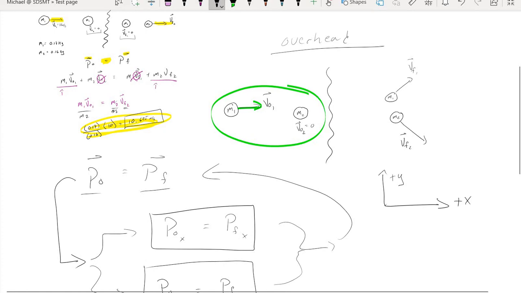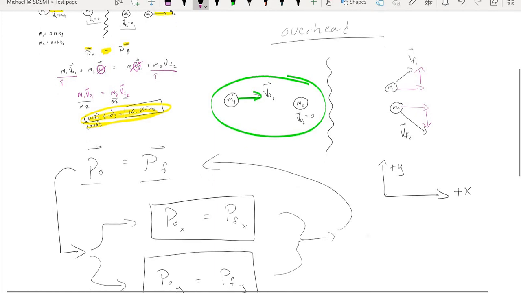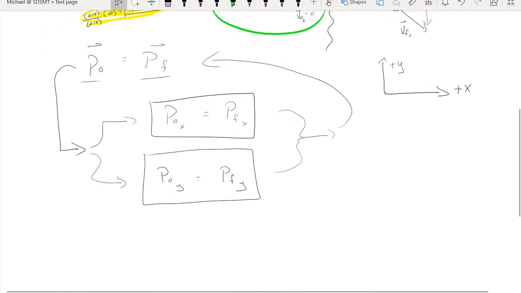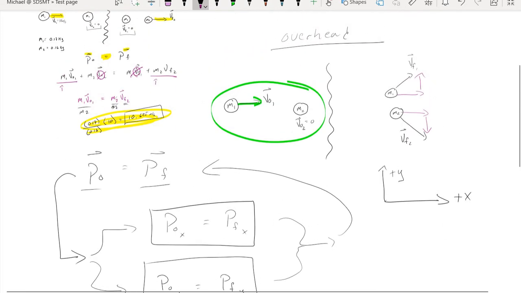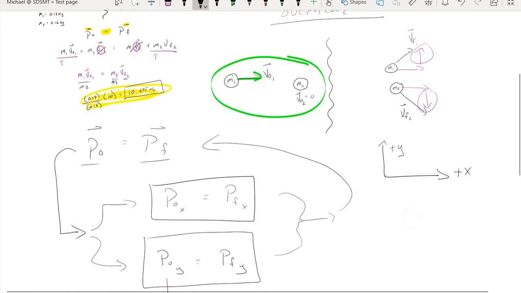But then somehow after the collision, we have each of our vectors with components. Some of those components are in the x direction, but some of them are in the y direction. How do we magically go from having zero momentum to obviously having momentum values in the y direction?